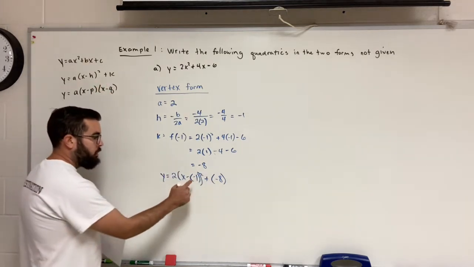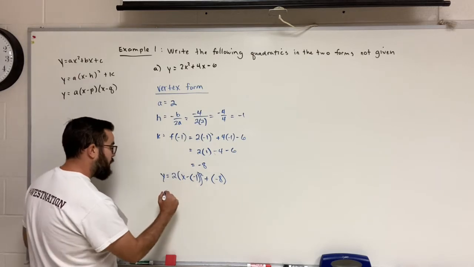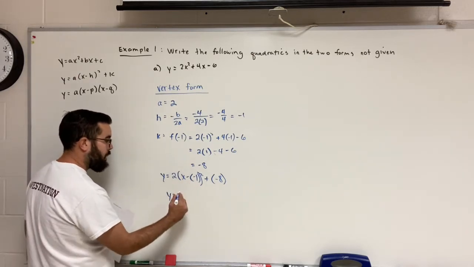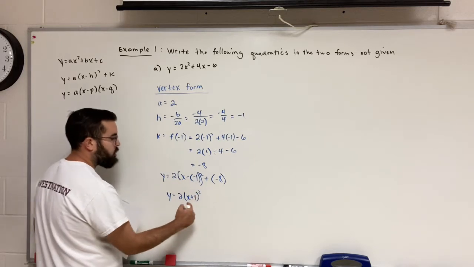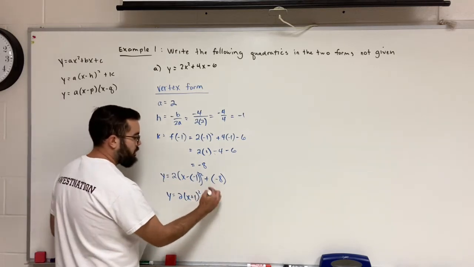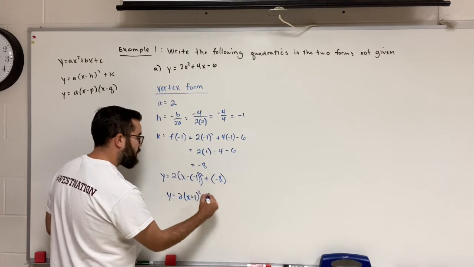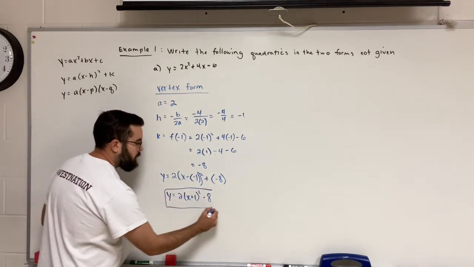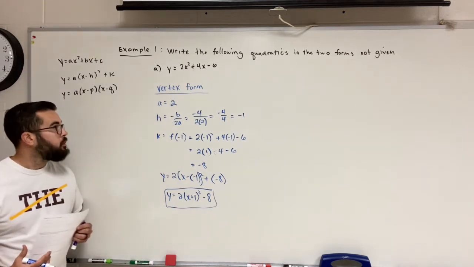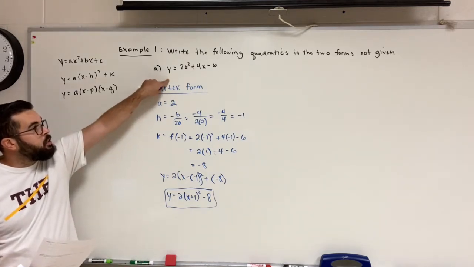All right, now, there are some simplifications that I can make. I don't want to leave minus a negative. That's sloppy. So I'm going to change it to x plus 1 squared. And then instead of plus a negative, I'm just going to write minus 8. So that is the vertex form of this equation.